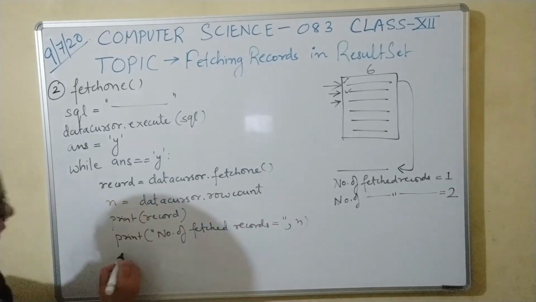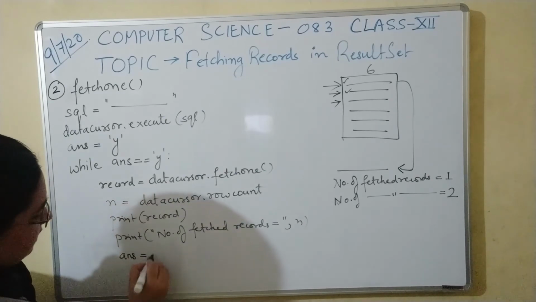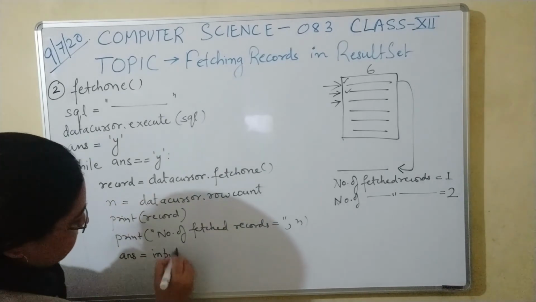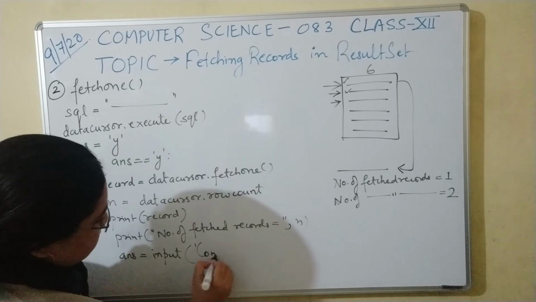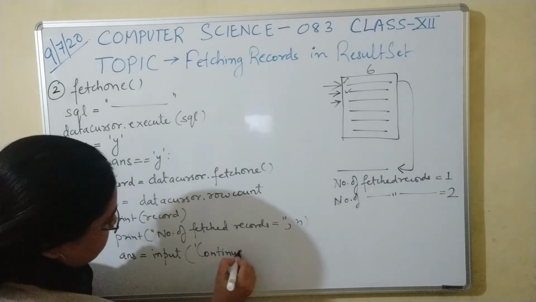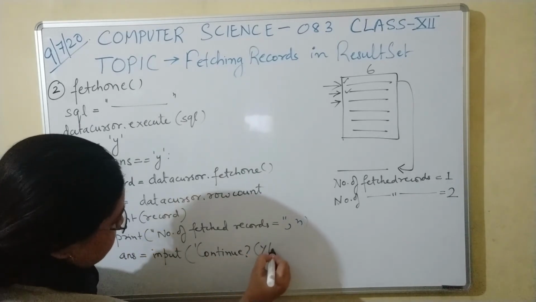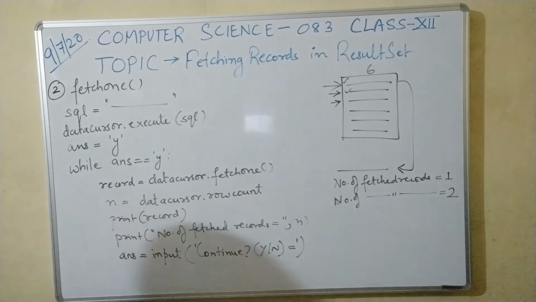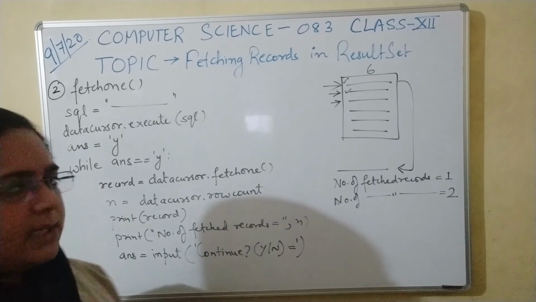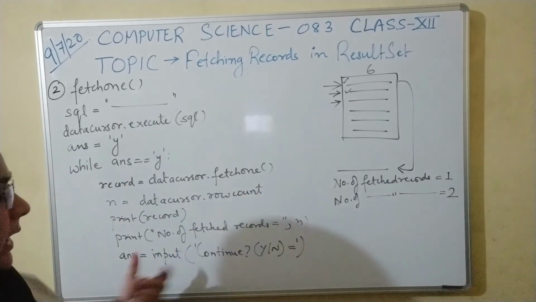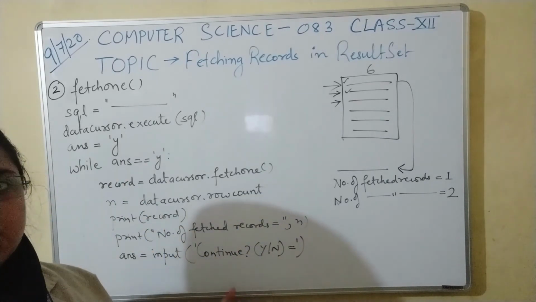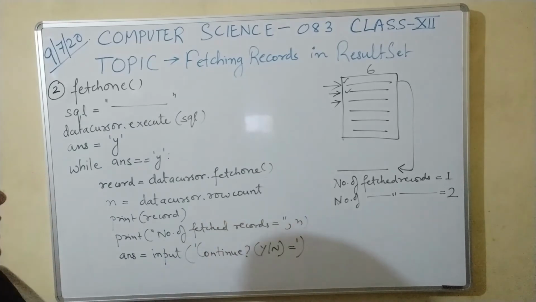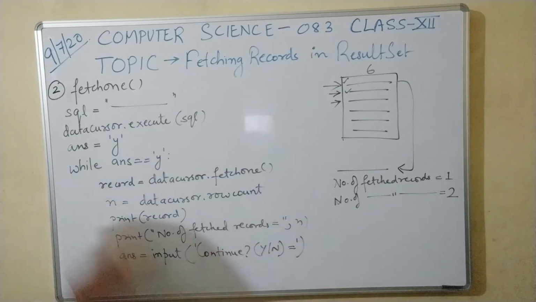And if you want, you can ask the user whether the user wants to continue or not. If the user gives yes, then again this whole loop will continue, and wherever you want to stop, you can stop it.